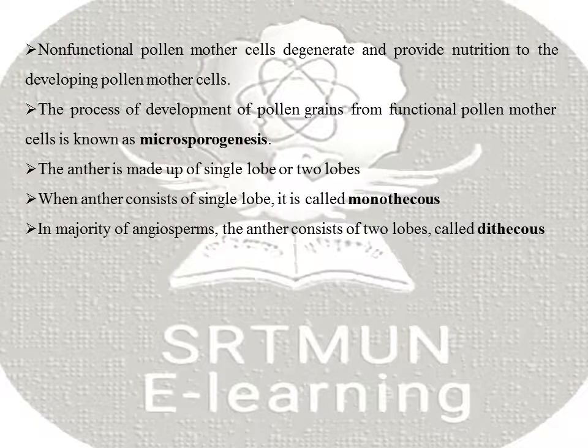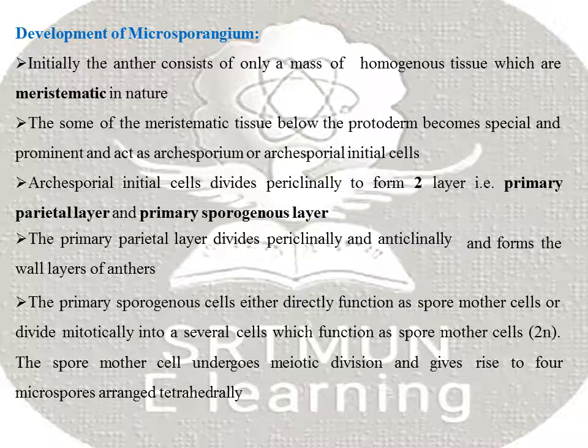Now, next, development of microsporangium. First of all, initially the anther consists of only a mass of homogeneous tissue which is meristematic in nature.